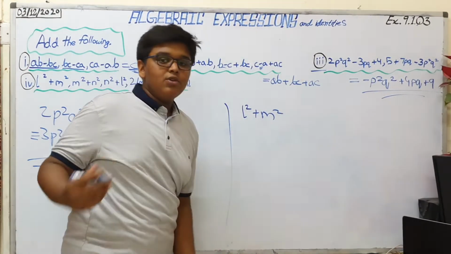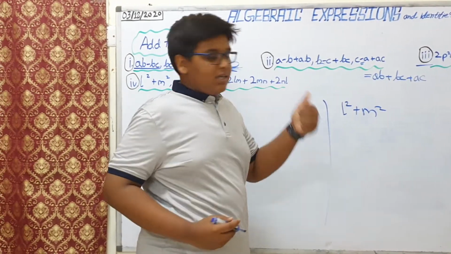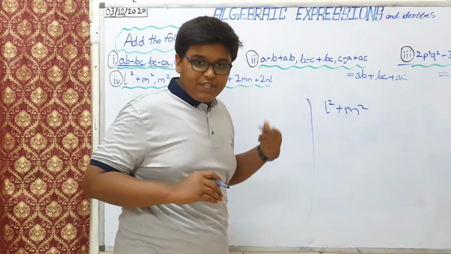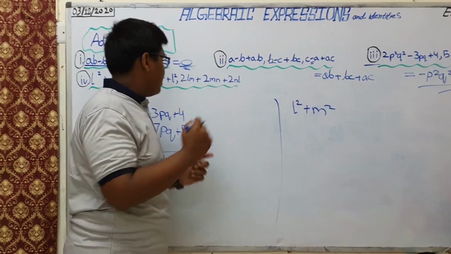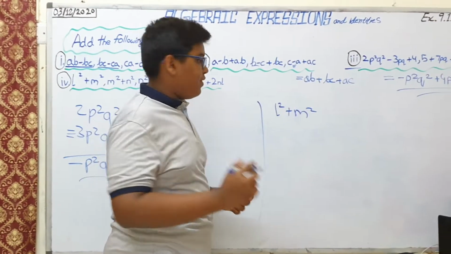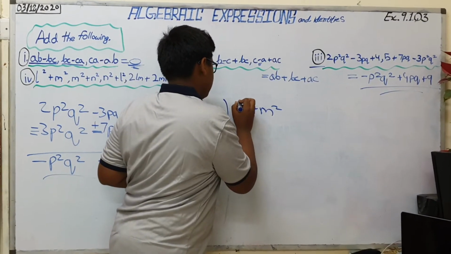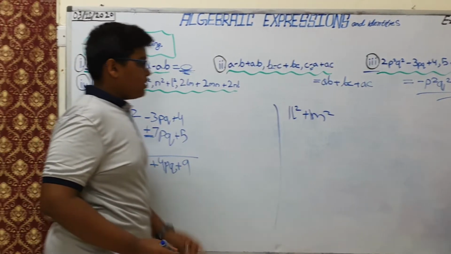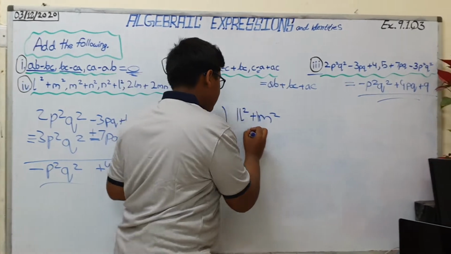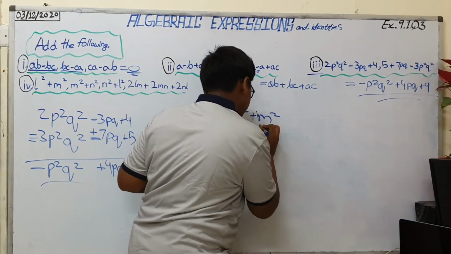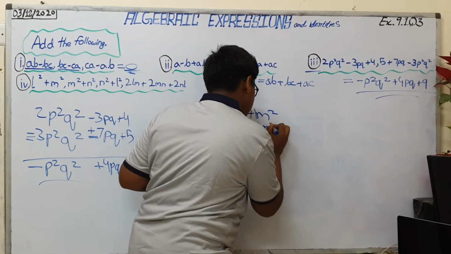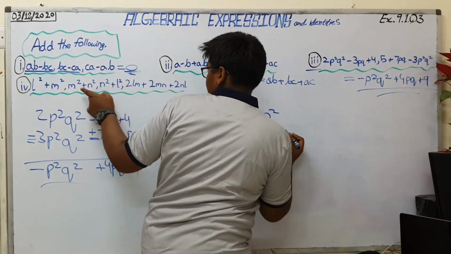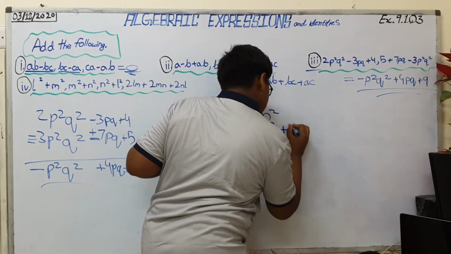Now as I mentioned, the first one which we did, we took 1 for every variable which doesn't have a constant. Then 1 here and 1 here. And then M square plus N square, the like terms: positive 1 M square, then plus 1 N square.